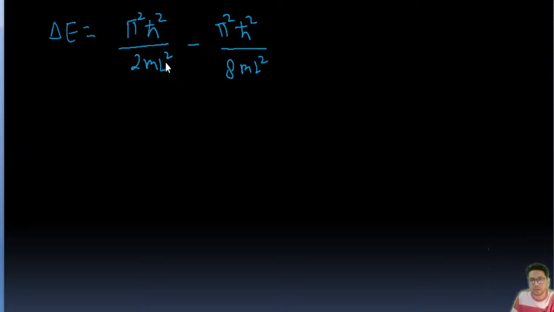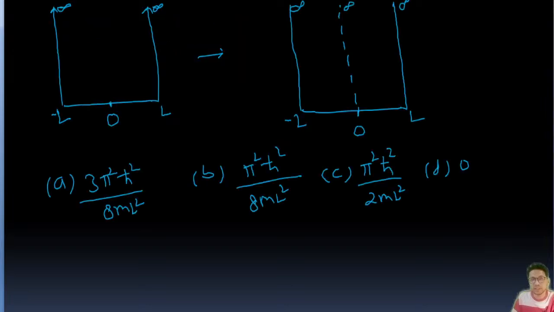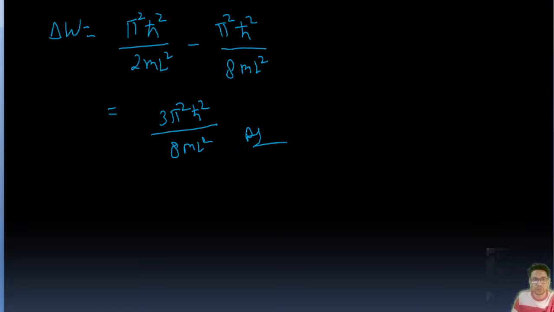Solving it, the work done is going to be 3 pi square h cut square upon 8 mL square. So this is the answer. Which option is matching? Option number A is the correct one, 3 pi square h cut square upon 8 mL square.